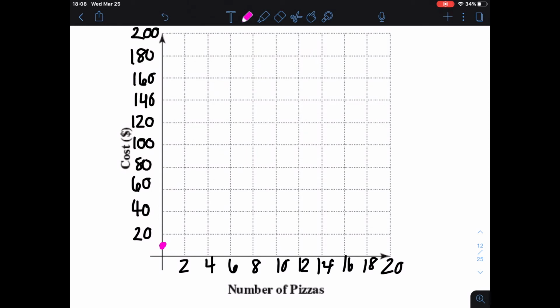So 5 pizzas is around $55. 10 pizzas is $100. 15 pizzas is $145. So a little after 140. And then 20 pizzas is $190, which is right here. So we can connect our dots. And here is the cost for our pizzas.